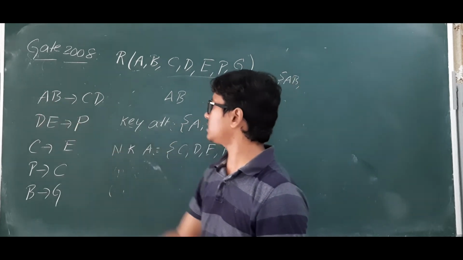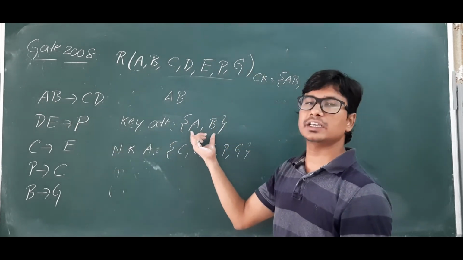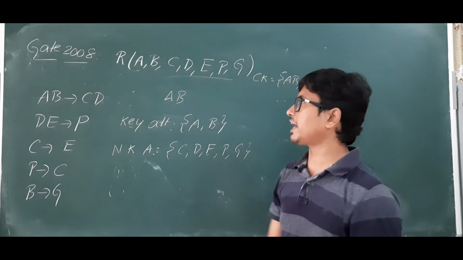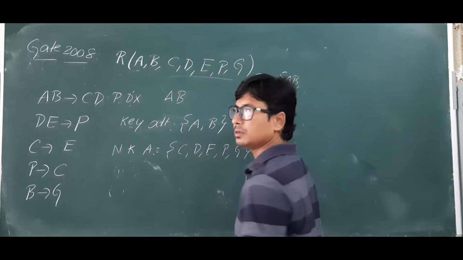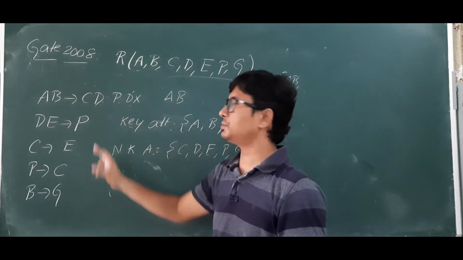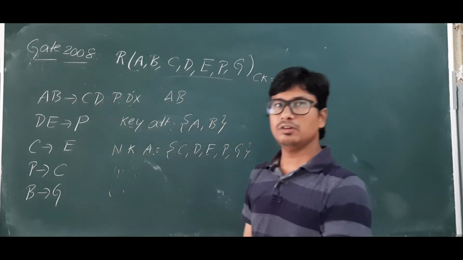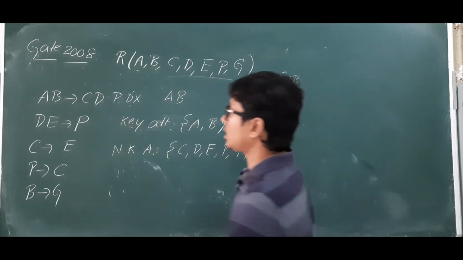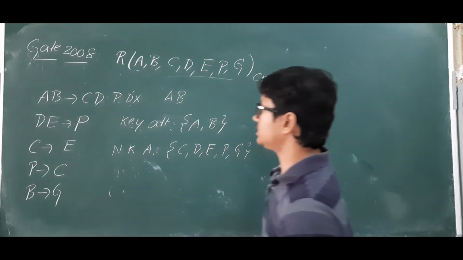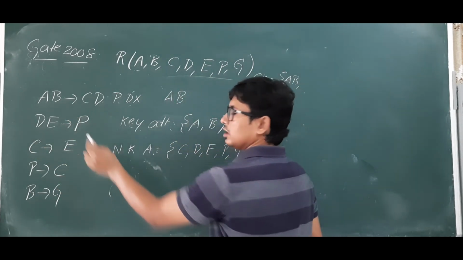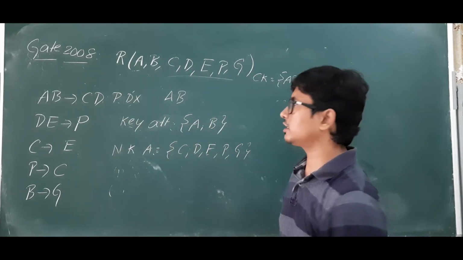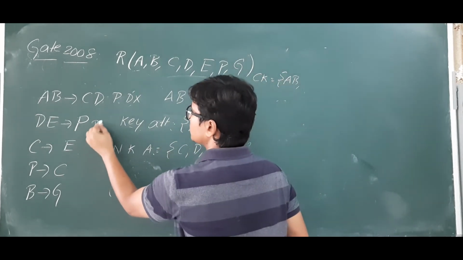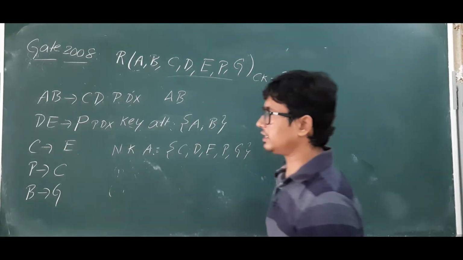The left-hand side is not a part of the candidate key, so it is not a partial dependency, because it is a full dependency, depending on a candidate key. Now DEP, where P is a non-key attribute, but DE is not part of the candidate key. So it is also not a partial dependency.